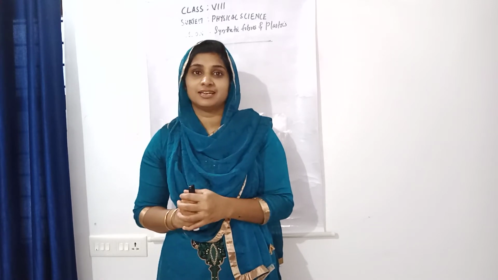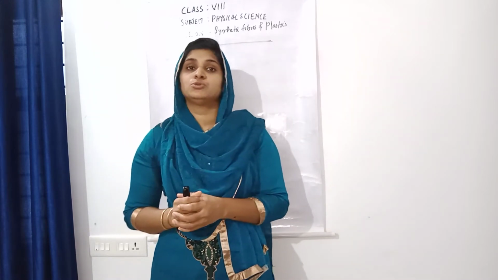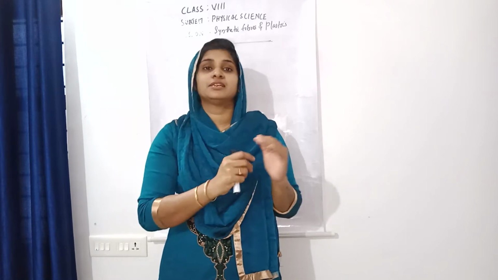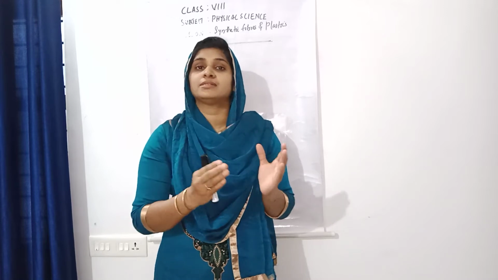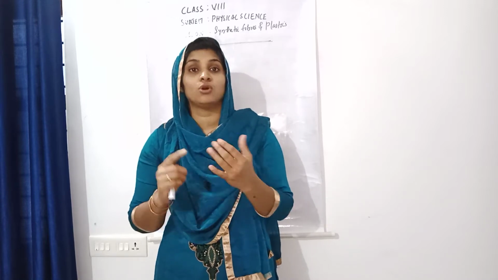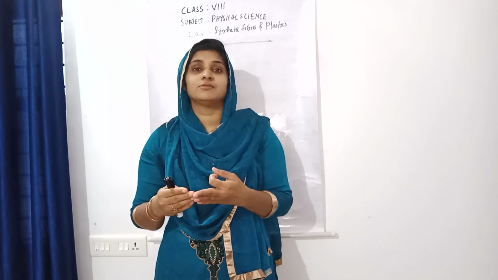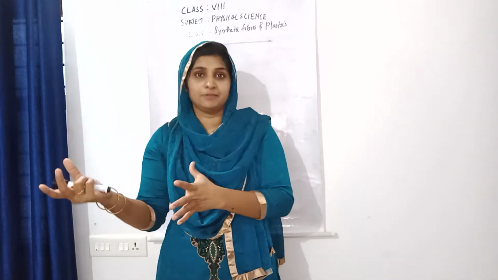fibers, and characteristics of synthetic fibers. Let us start. So the fibers are divided into two types, natural fibers and synthetic fibers. Natural fibers are obtained from plants and animals. For example, cotton, jute, silk, then what else, wool, all this you obtain from plants or animals.